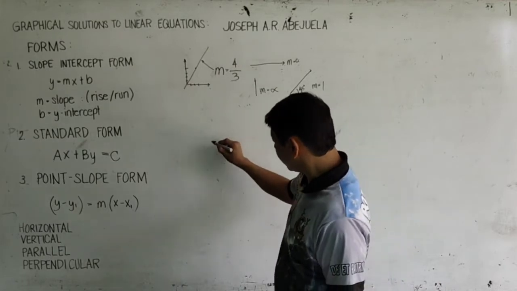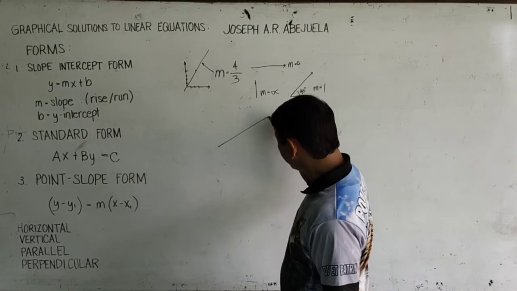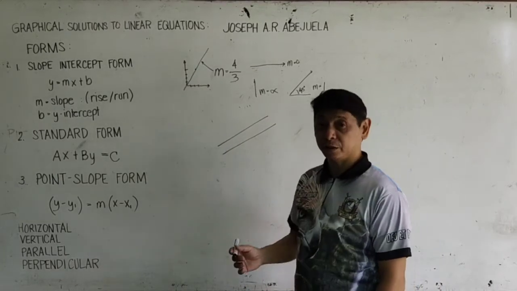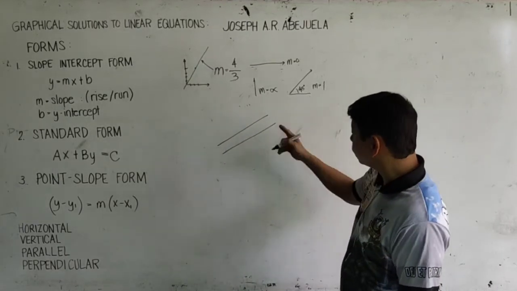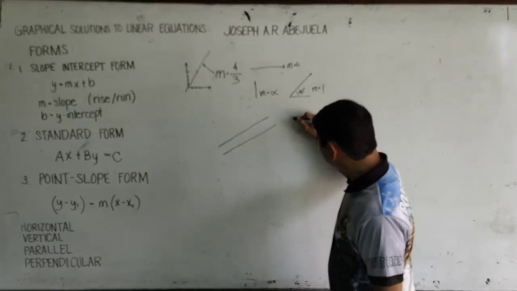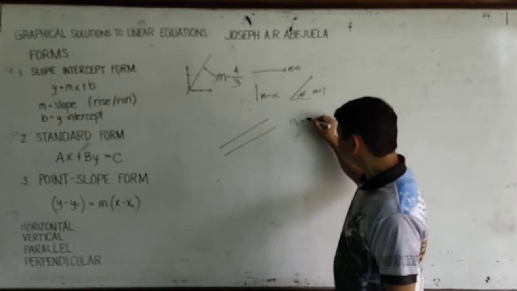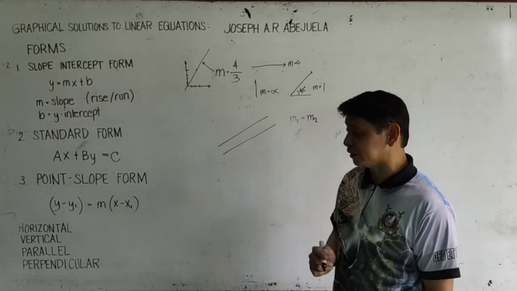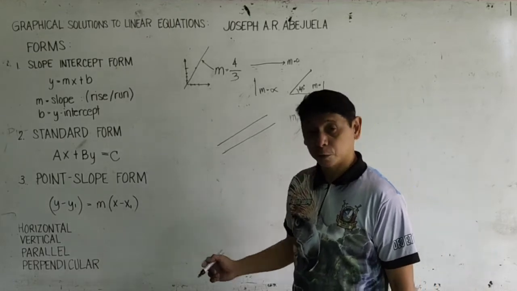For parallel lines, parallel lines never intersect. Their slopes are equal, meaning the slope of line 1 is equal to the slope of line 2. They will never intersect.